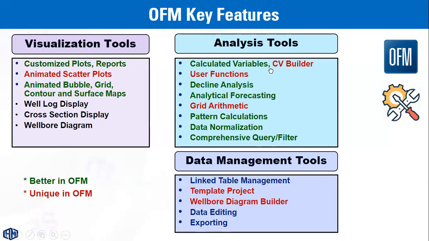Analytical tools like we have several calculated variables, specific built-in functions, decline analysis, the pattern calculations, data normalization, and so on. Also, data management tools like linked table management and data linking to other software like exporting the production data to Petrel or Eclipse simulation runs.